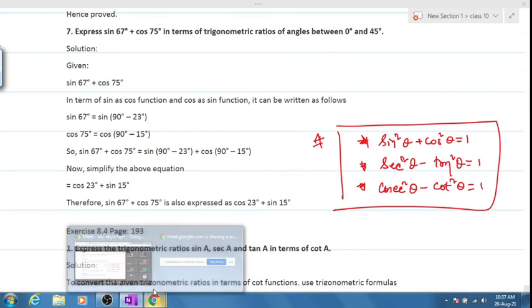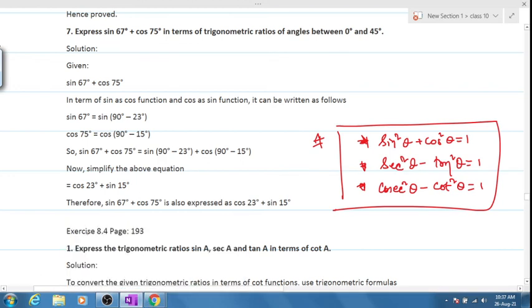We are going to start off with exercise 8.4 of your NCERT, page number 193. Can we start off? Yes, sir. Important formulas.